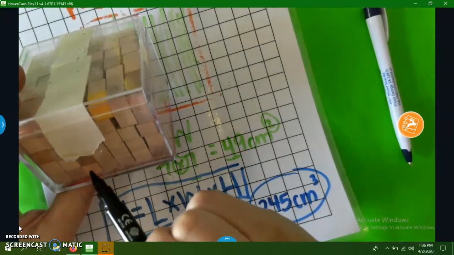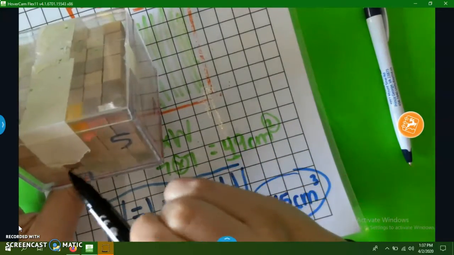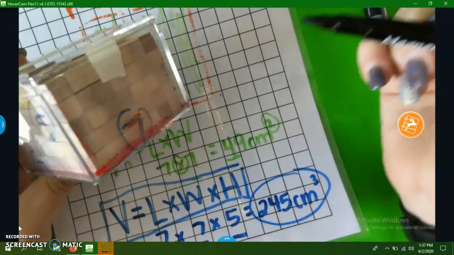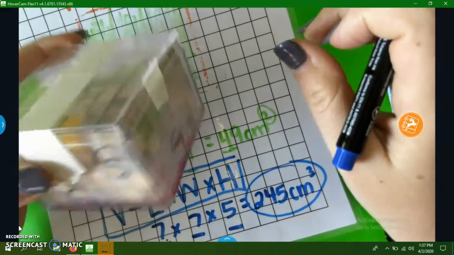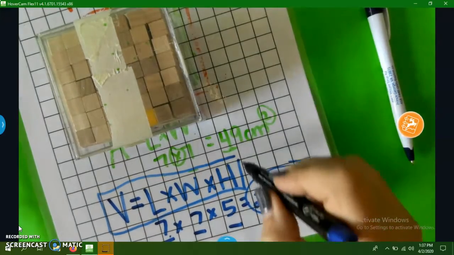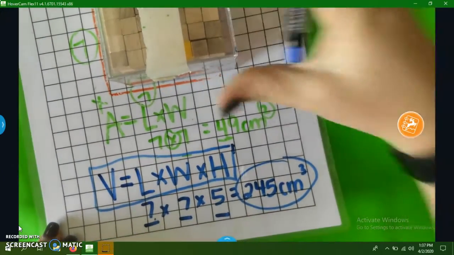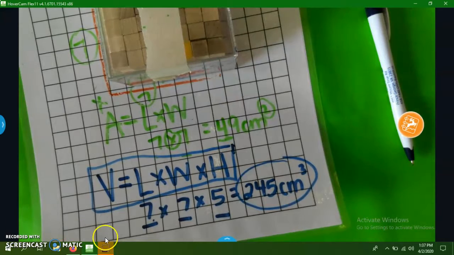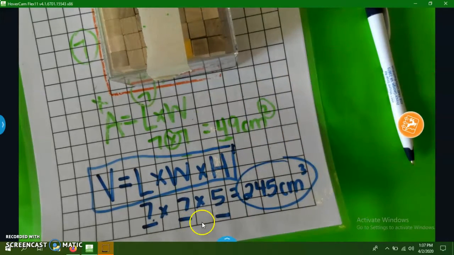And so it is 7 this way, 7 this way, and 5 this way. We take our 3 numbers on our 3D shape, we multiply them, and we get 245 cubes. Accurate every time. Also, feel free to use this and win the next estimation jar that you're a part of, because this is a formula that will help you have a pretty good estimation on just about any 3D shape.